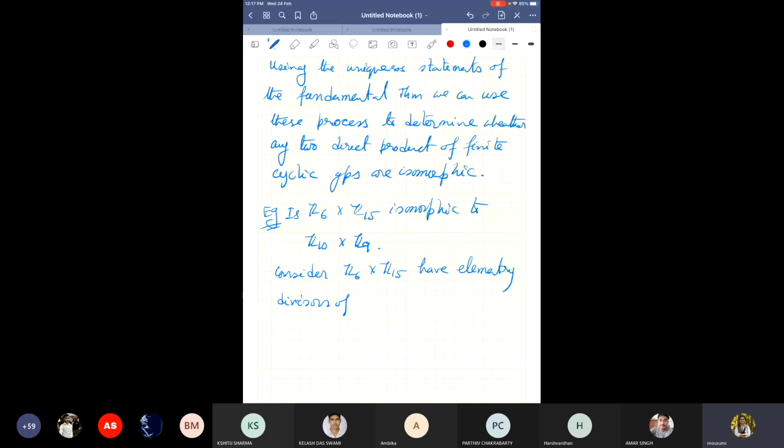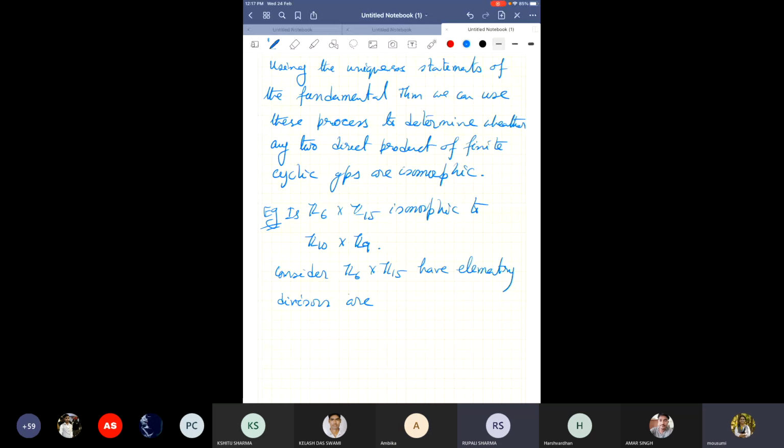What are the elementary divisors for this group? Z2 cross Z3 cross Z3 cross Z5.